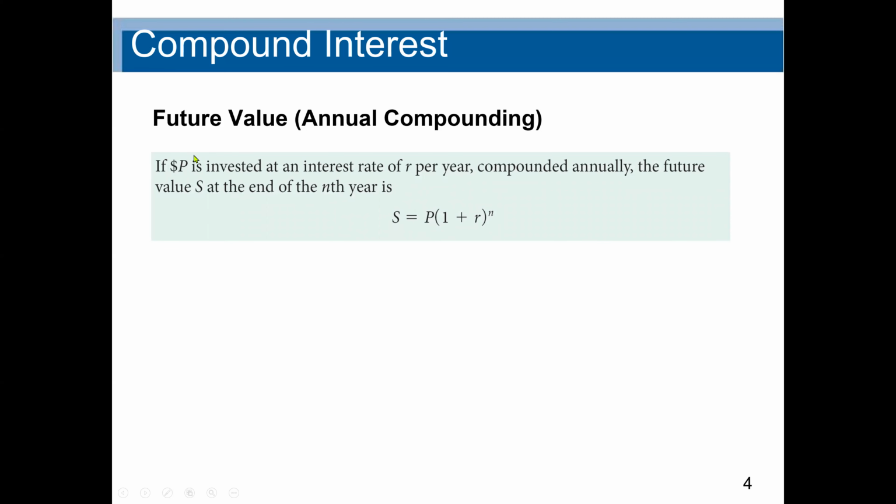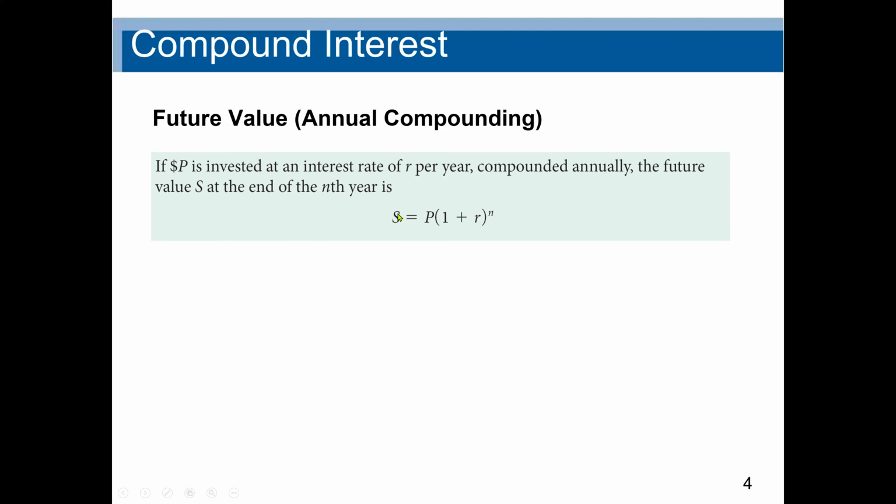So the concept of future value, which is annual compounding, is that if we have P dollars invested at the interest rate of R per year, compounded annually, the future value S at the end of the Nth year is S equals P times (1 plus R) to the power N. So again, S will be our future amount.